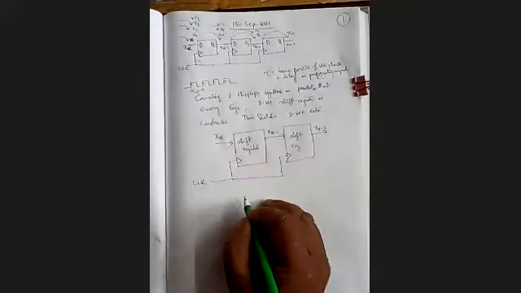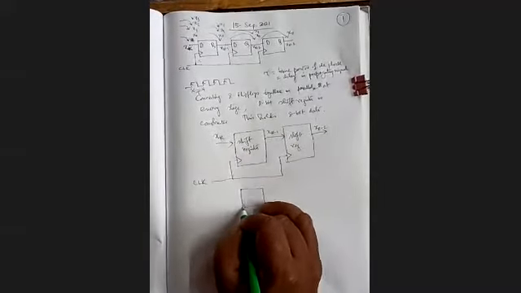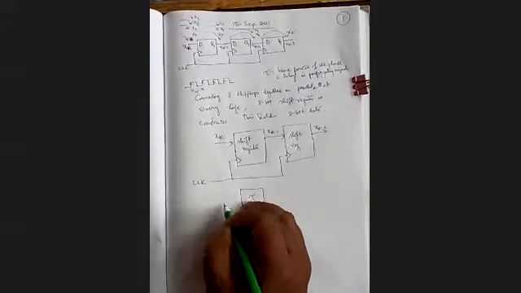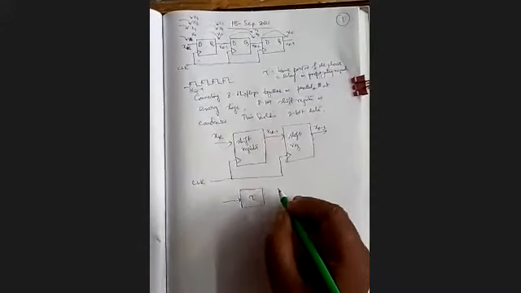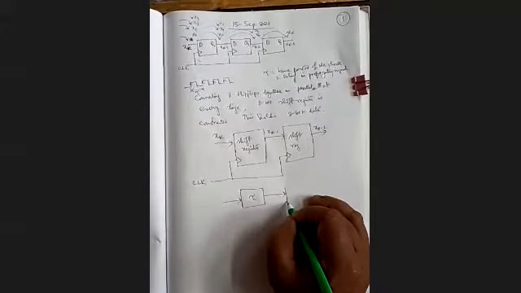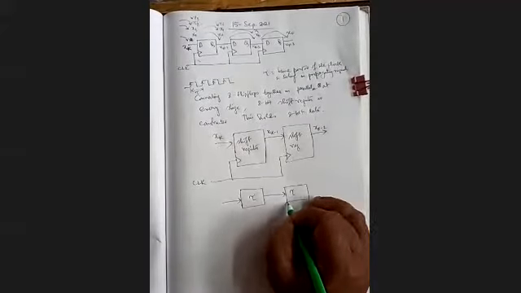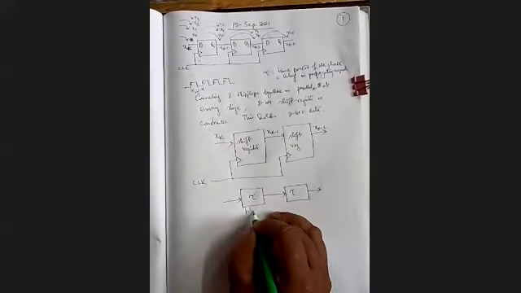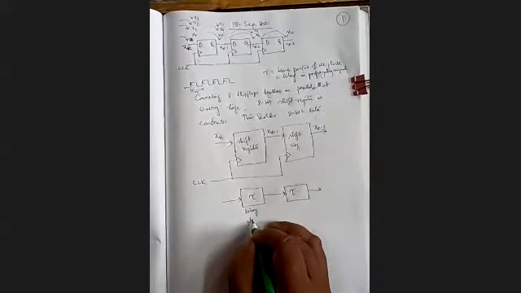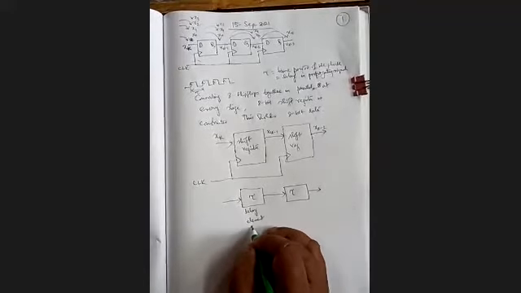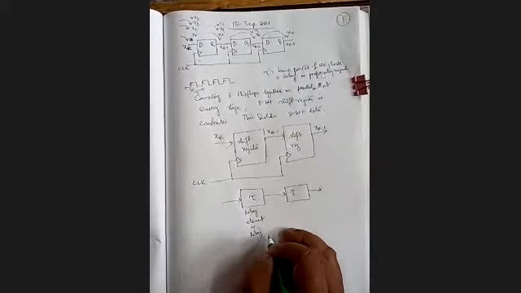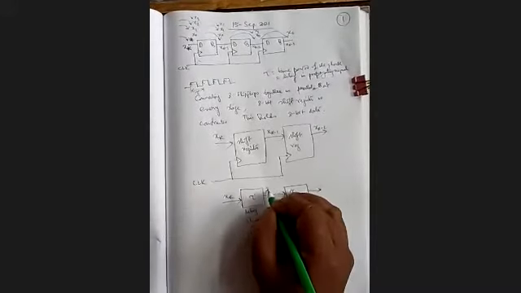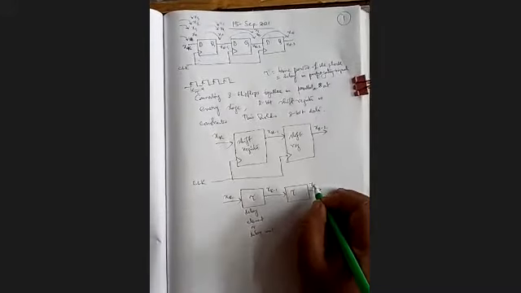So we can say another way that this shift register is serving as the delay element or delay unit. So it will be XK, XK minus 1, XK minus 2.